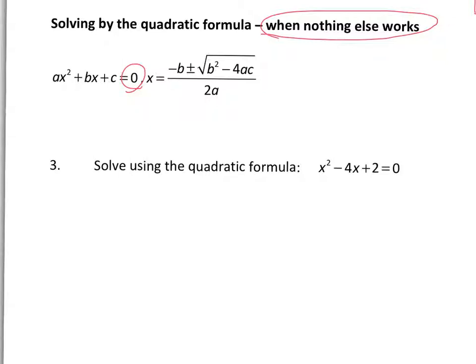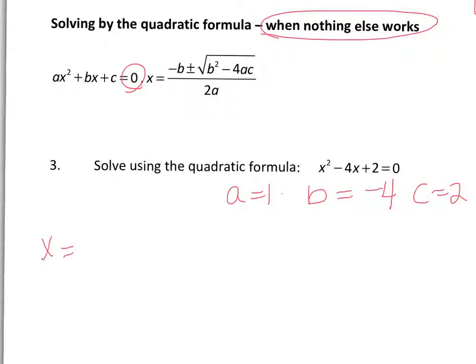So in number 3, we're already equal to 0. The number in front of the x squared term is 1, so that's going to be our a. So a equals 1. B is the number in front of the x, and that's negative 4. And c is the number at the end. So now I'm going to follow the equation.